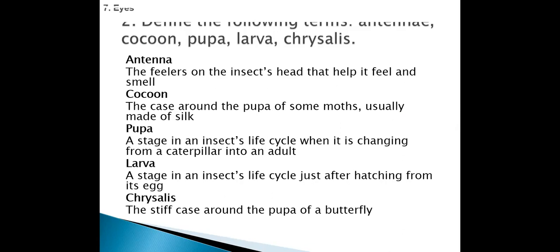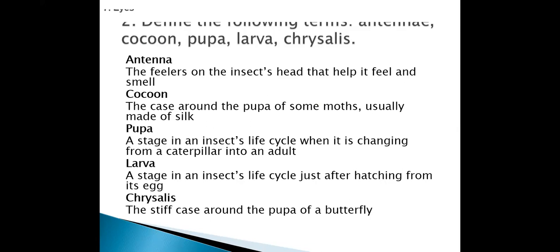Some of the definitions we'll see, like antenna. What is the antenna? An antenna is a feeler on the insect's head that helps it feel and smell. Cocoon is a case around the pupa of some moths, usually made of silk.